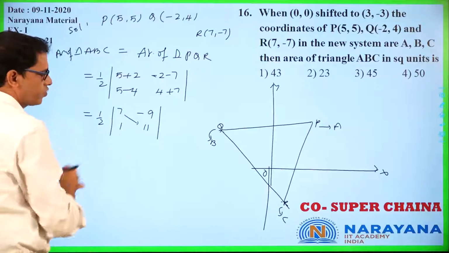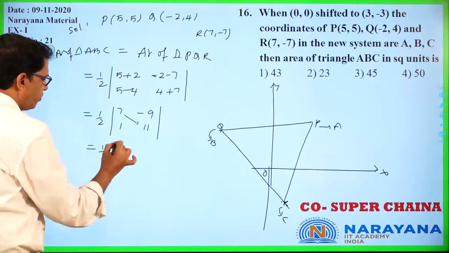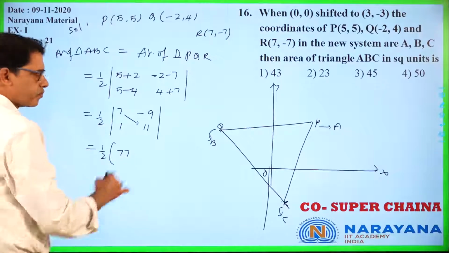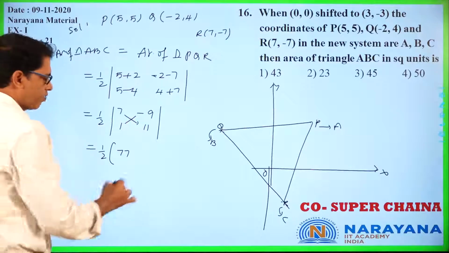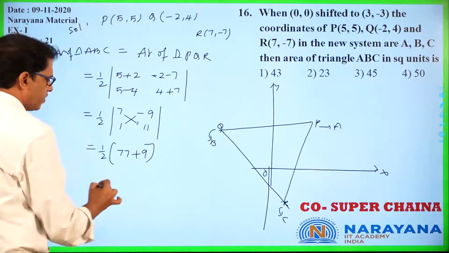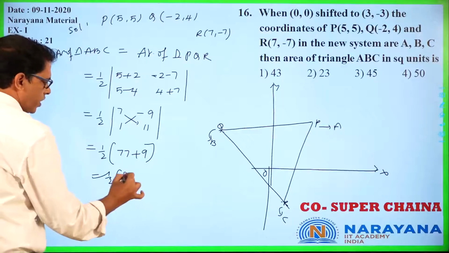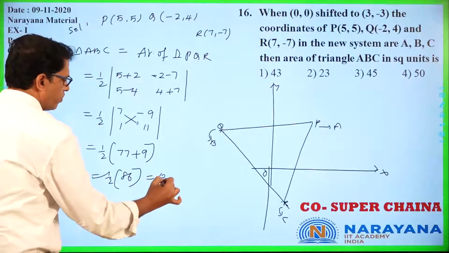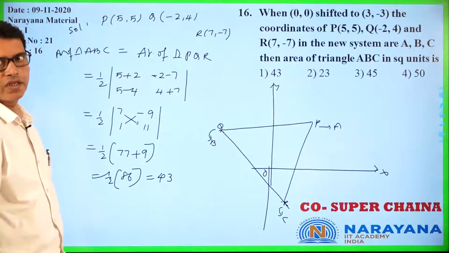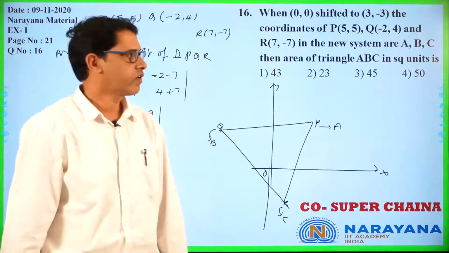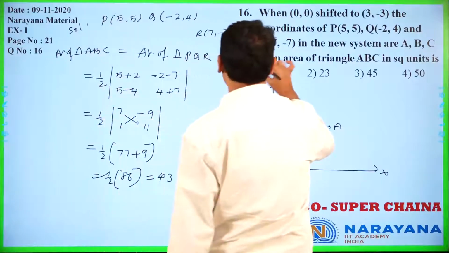First multiply these two: half into 77 minus (9). That is equal to half of 86, which equals 43 square units. 43 square units is the required area, first option.